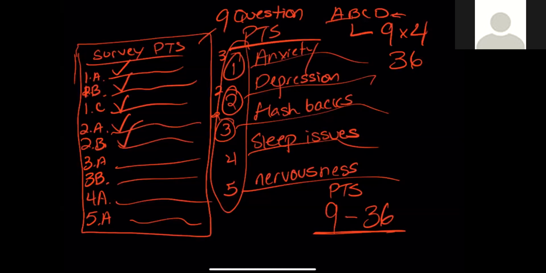That's really what we're talking about when we talk about operationalization: taking all of these ideas so that we can come up with a lot of questions that get to each of the sub-elements. So questions that measure your anxiety, questions that measure your depression, and we can aggregate all that together to make this 36-point scale that's helping to measure how bad somebody's post-traumatic stress is. Does that make sense? Any questions about that?